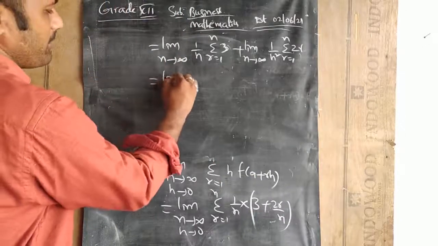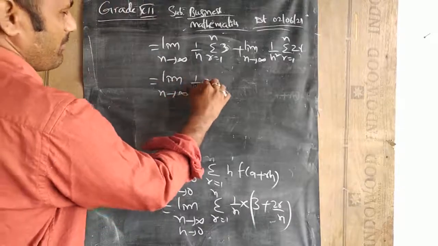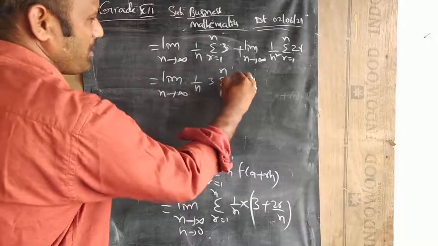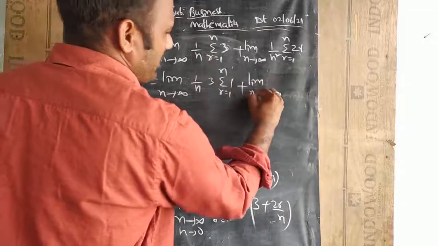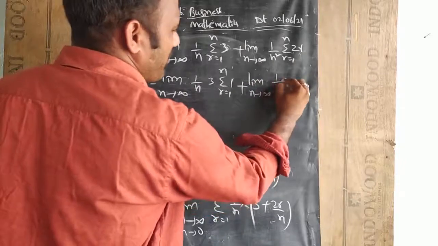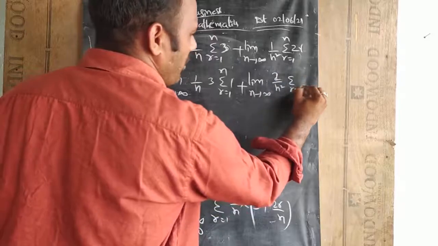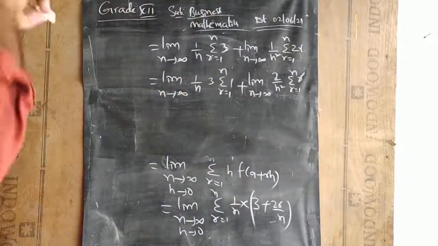So limit n tends to infinity 1 by n, we can take 3 outside, summation r equals 1 to n of 1, plus limit n tends to infinity 1 by n square, we can take 2 outside, 2 by n square, summation of r equals 1 to n of r.